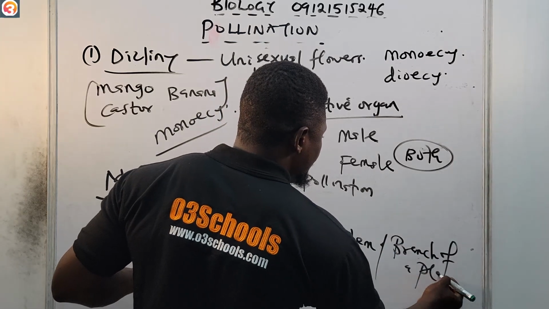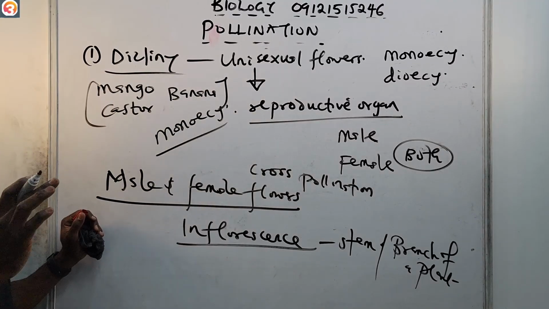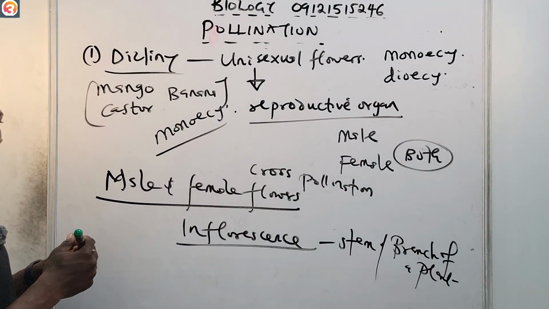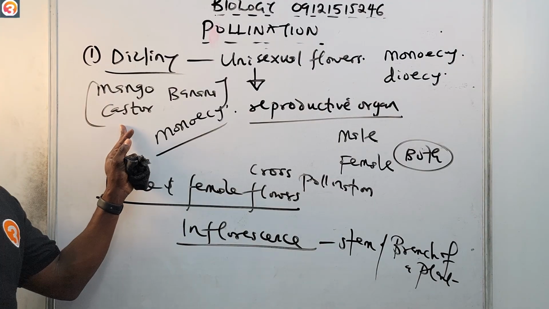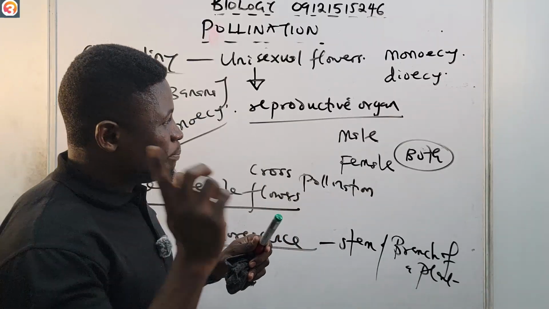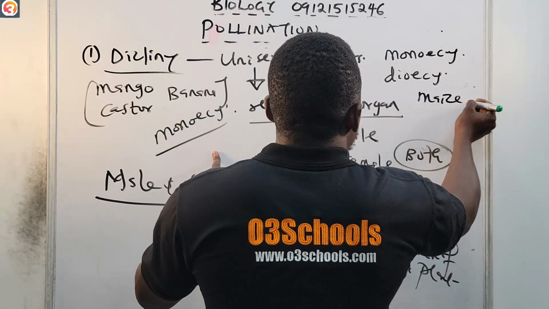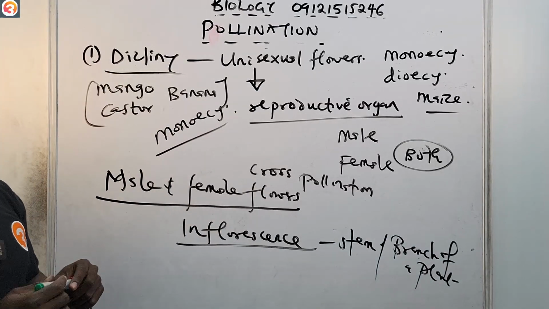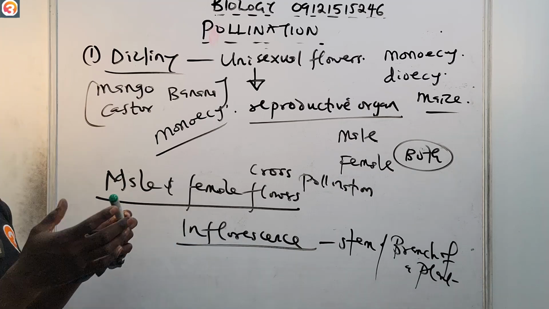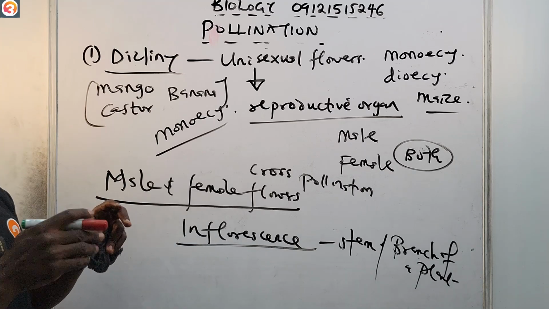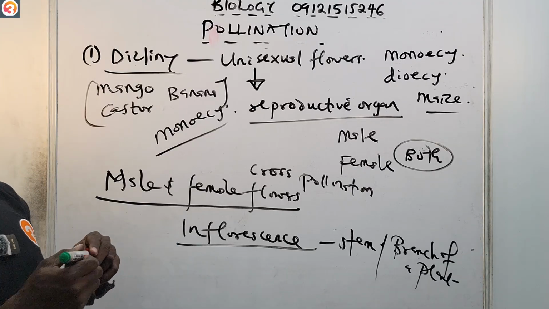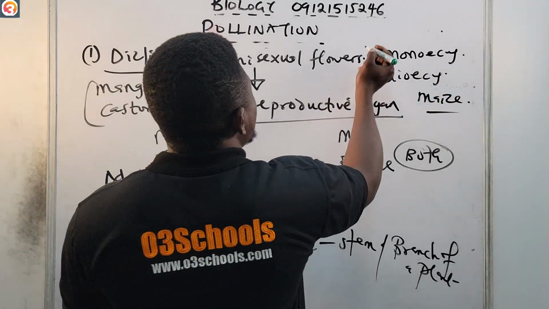But in some other plants, they are present in different inflorescences, and a perfect example is maize. They are not on the same stem or branch.